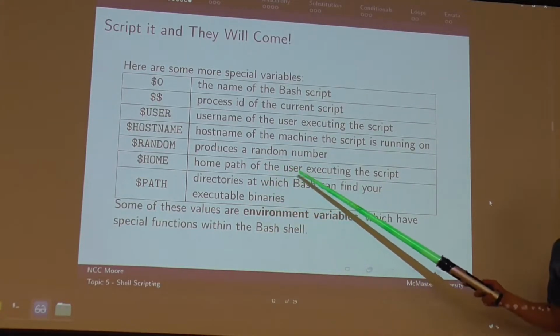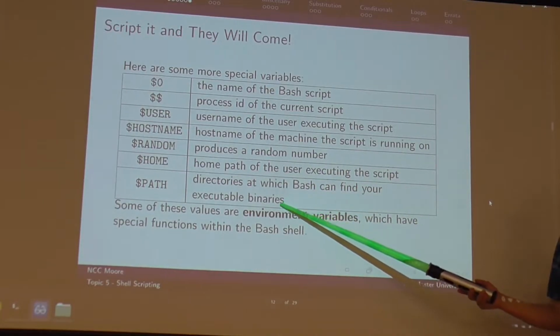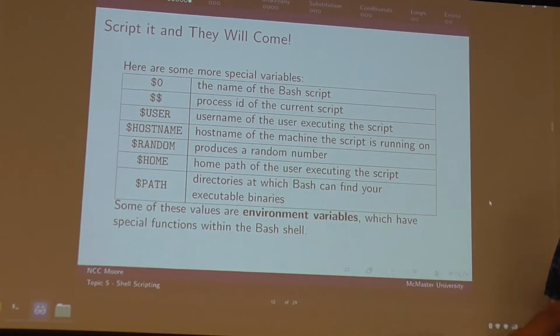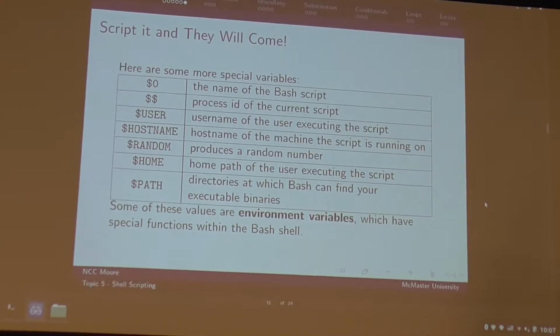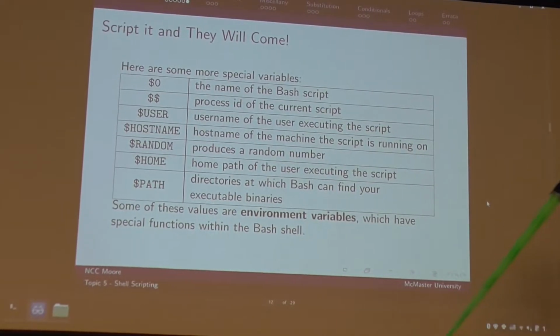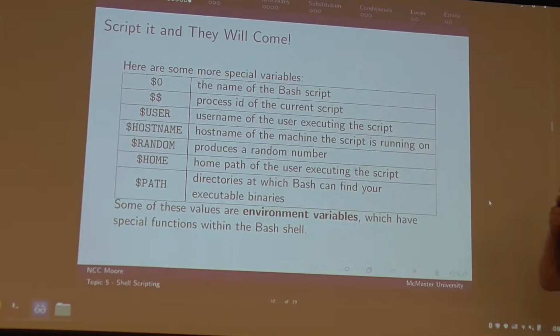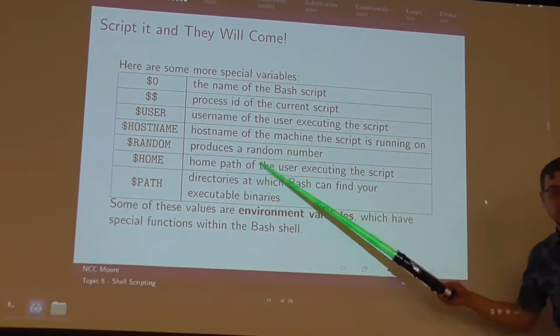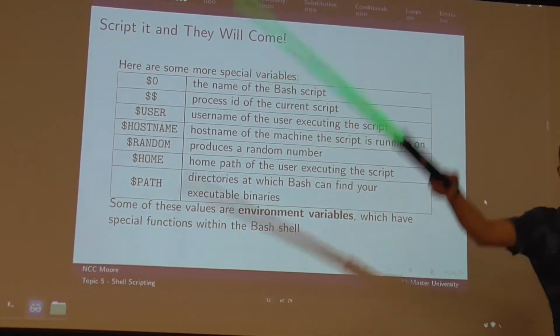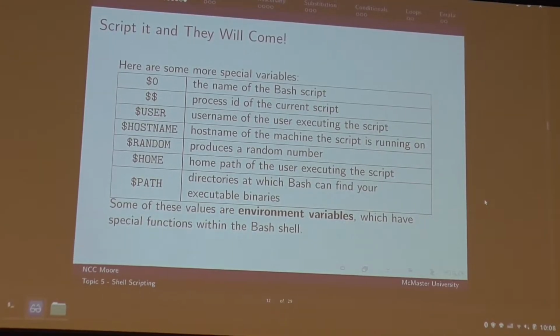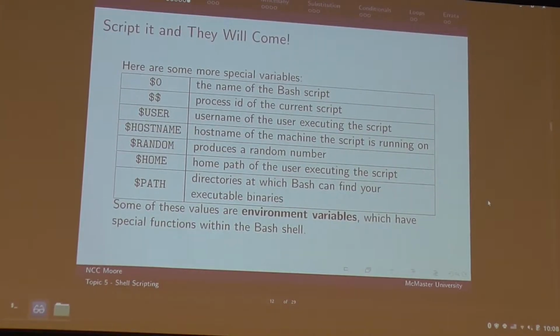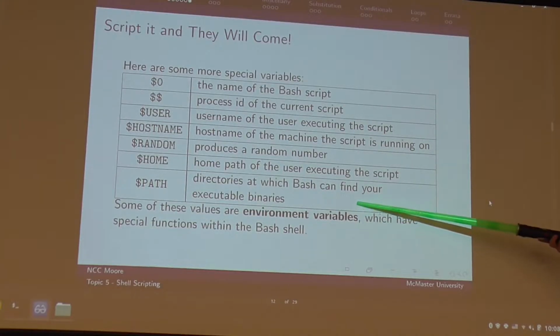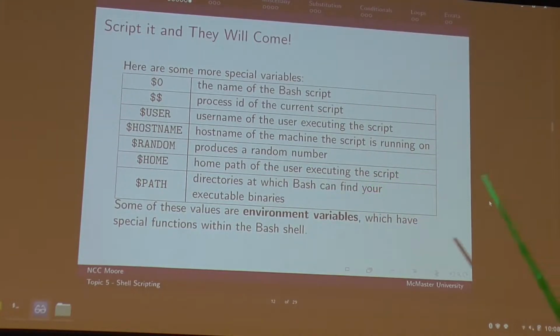And you, the user, can modify the path variable to add more directories. So if you are installing a program, one of the steps you use if you want that program to be callable like any other program in the bash environment is to update the path variable to include the directory that you installed it in. By including that directory where the binary for your new program is found, bash will be able to find it and call it as any other program.